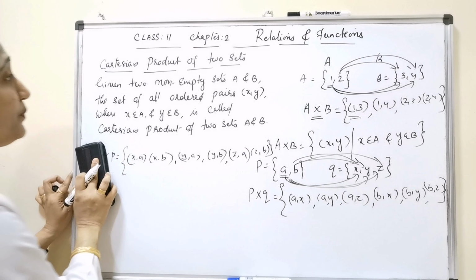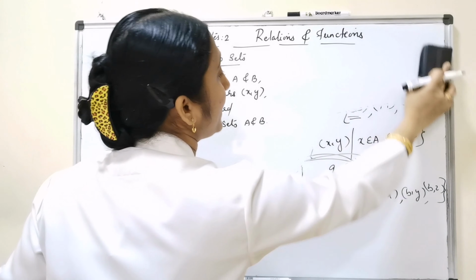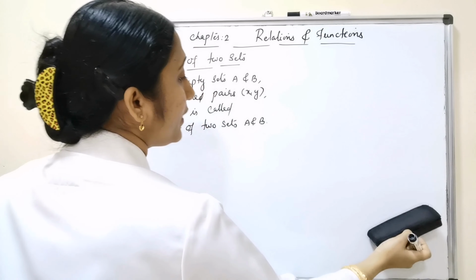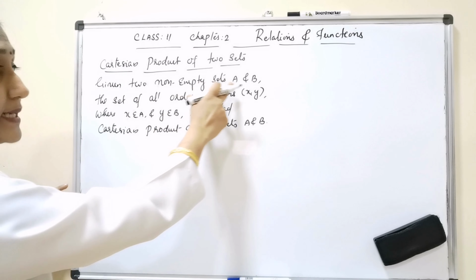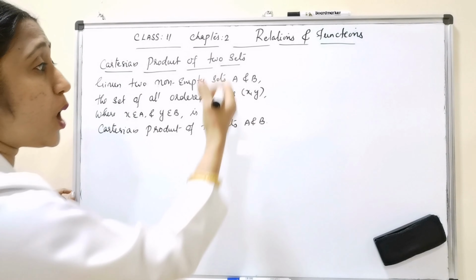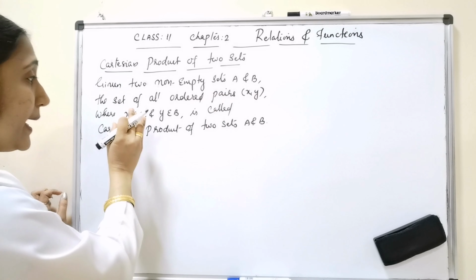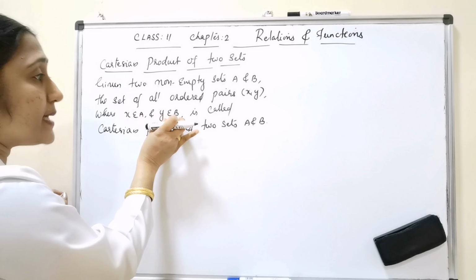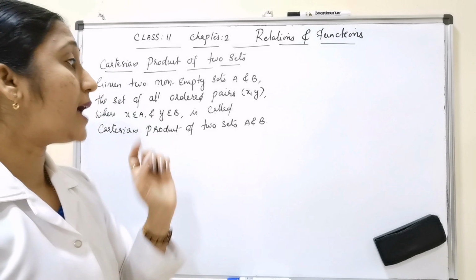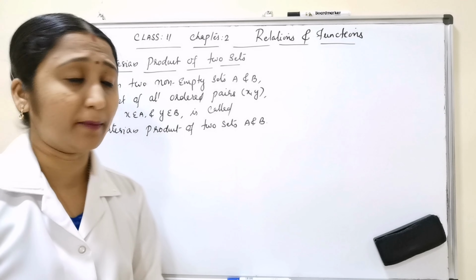Let us see. Given two non-empty sets A and B, the set of all ordered pairs XY, where X is an element of A, Y is an element of B, is called the Cartesian product of two sets. Okay.